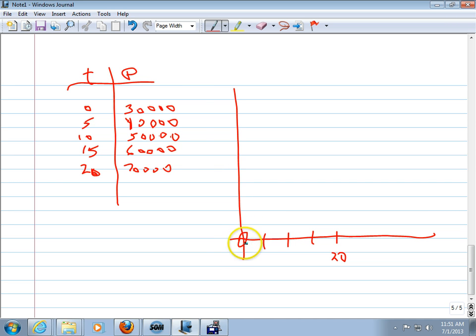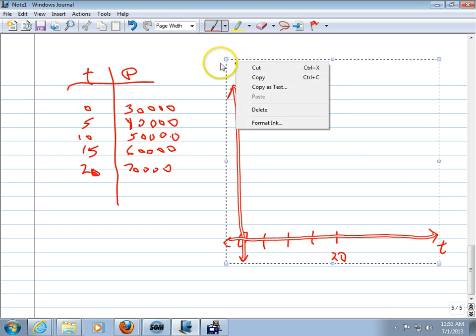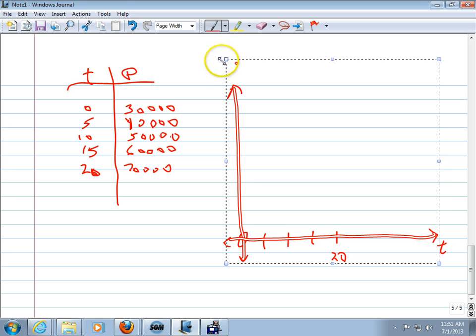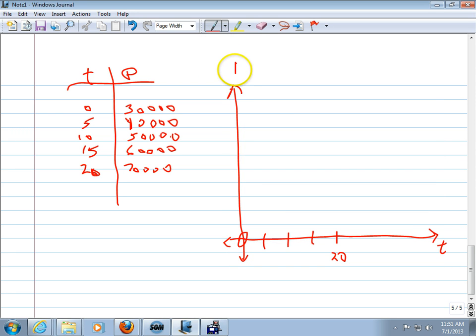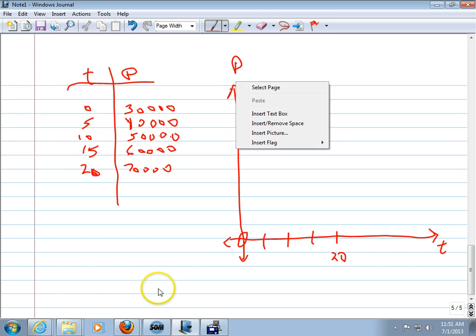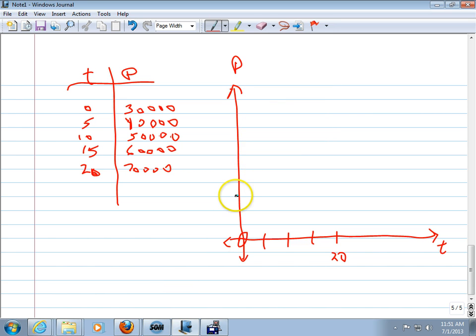That counts as 0 for T and 0 for P, but technically that's the letter O for origin, by the way. Label your axes. This is the T-axis. This is the P-axis over here. Now what's your range? 30,000 to 70,000.